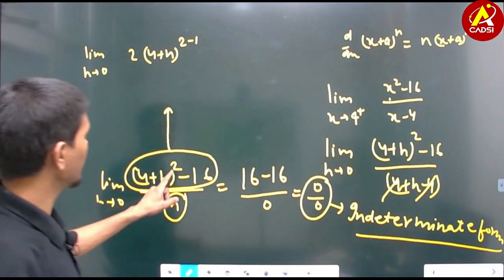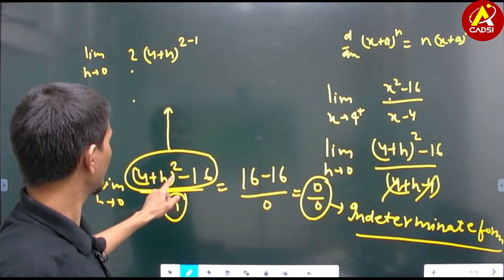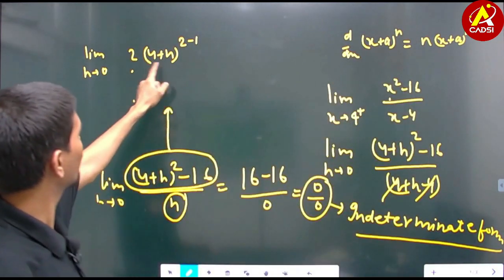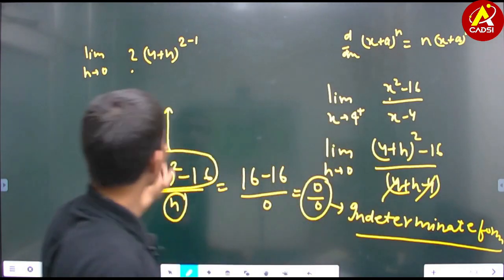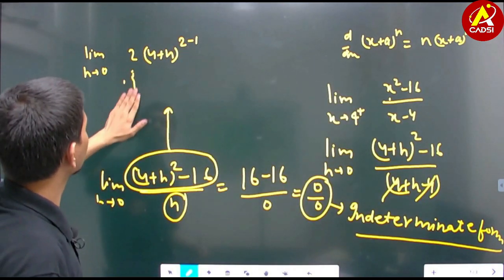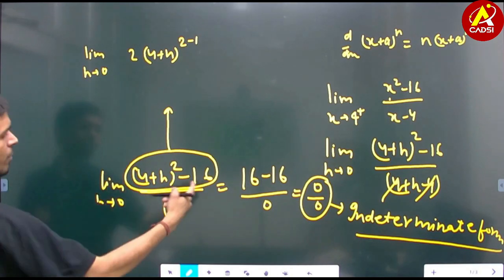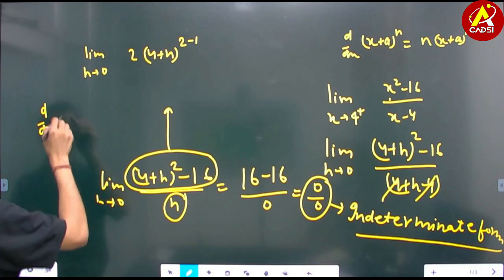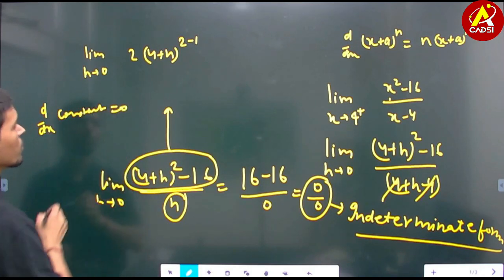Here n is 2, and x plus a is 4 plus h, with the power n minus 1, that is 2 minus 1. Minus 16 is a constant, and the derivative of a constant is 0.